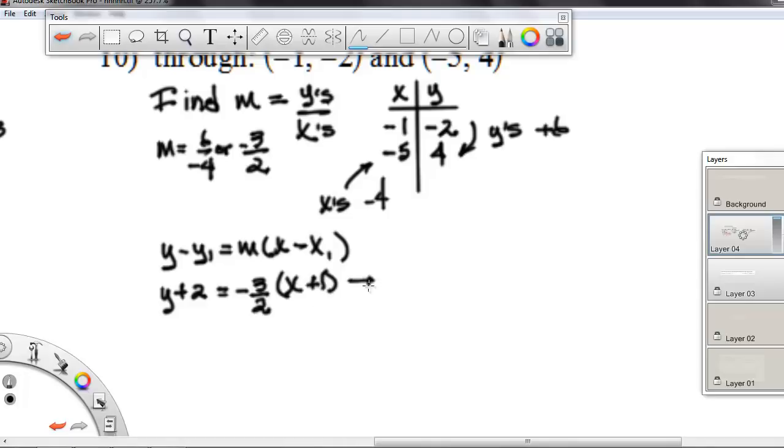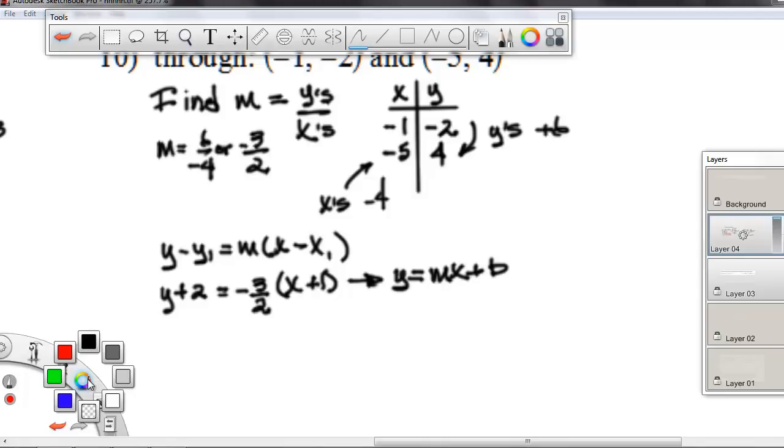Now I need to put it into slope-intercept form. Has to be in that pattern, y equals mx plus b. That leads me to distribute the negative 3 halves into the x and into the parentheses. So I have a negative 3 halves x.